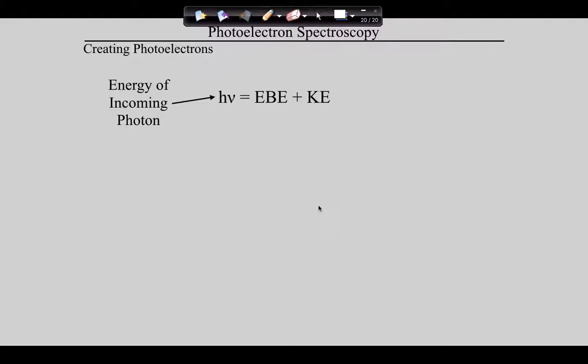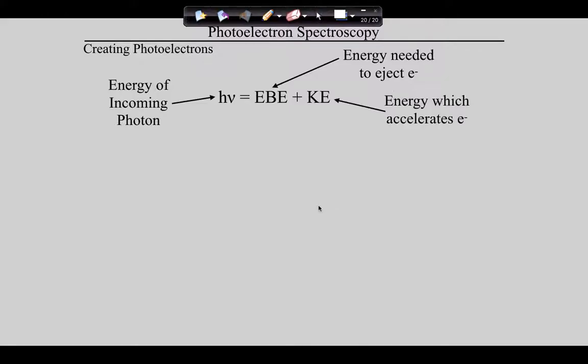This is then equal to EBE plus KE. What is EBE? That is the energy needed to eject the electron: binding energy, ionization energy. But now guys, what is KE? That is kinetic energy, right? And kinetic energy, do you guys remember the equation? Kinetic energy is 1/2 mv squared.